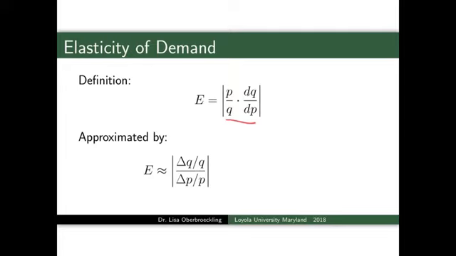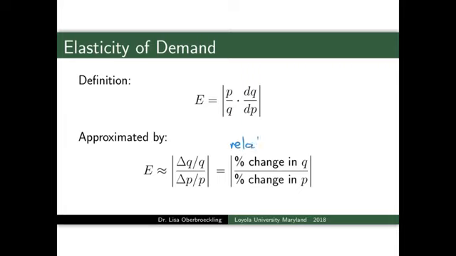But we have seen delta Q over Q before. Delta Q over Q is seen as our relative or percent change in quantity, over our percent change in price. So if we know we expect a certain percent change in quantity when we have a sale, for instance, in our price, then we can estimate the elasticity.